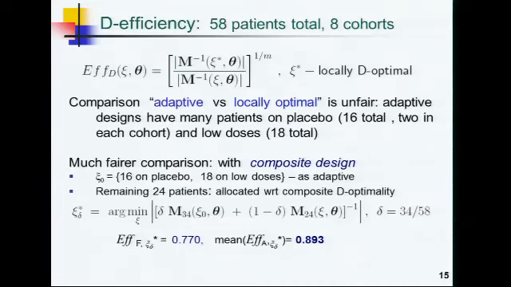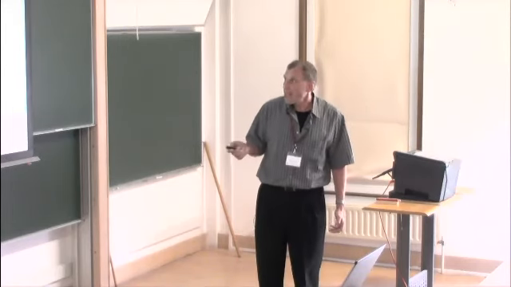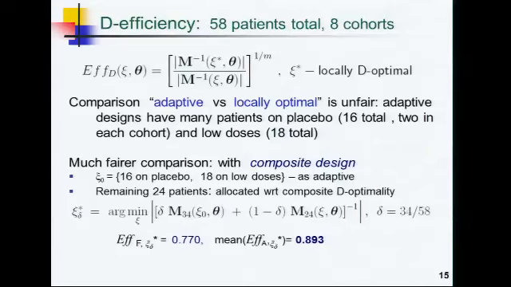And when we compare the efficiency, it turns out that the mean efficiency of adaptive design is close to 90%, which tells you that the adaptive design is able to recover about 90% of information from only 24 patients in this case, less than half.